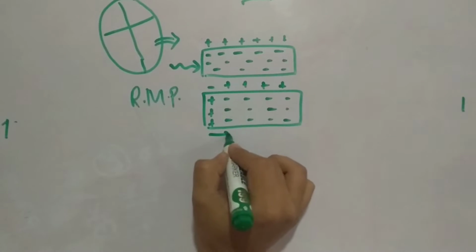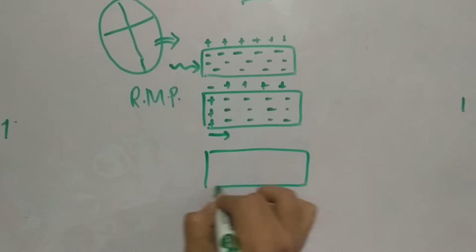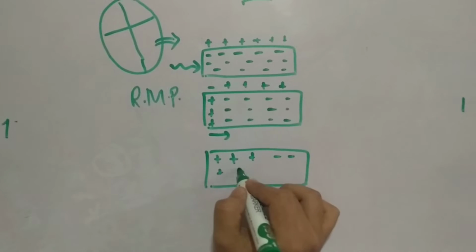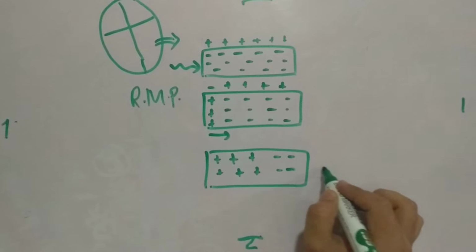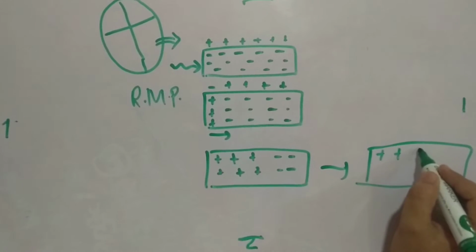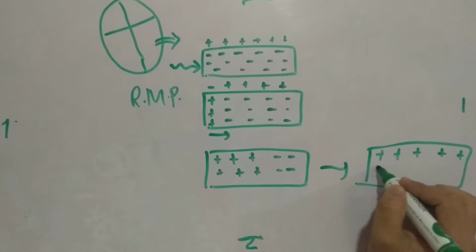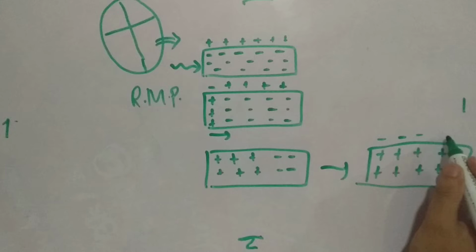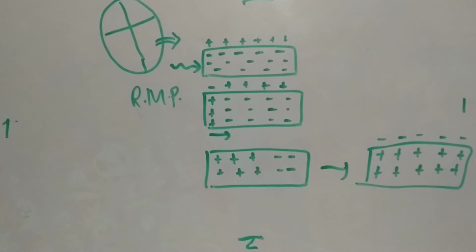Again it propagates, so in gradual phases it becomes like this, and eventually when it progresses, it becomes fully polarized. So this is the basic diagram representing how the electric impulses propagate in the myocardium. So we have talked about the basics of electrophysiology.